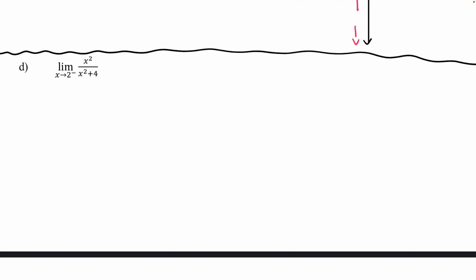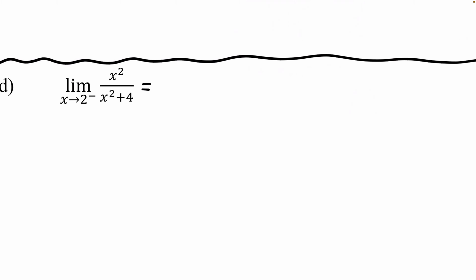If we plug in 2, is there going to be a vertical asymptote at 2? No. How do I know? Because I didn't get something over 0. I actually get an answer. I get 4 over 8, which is 1/2.